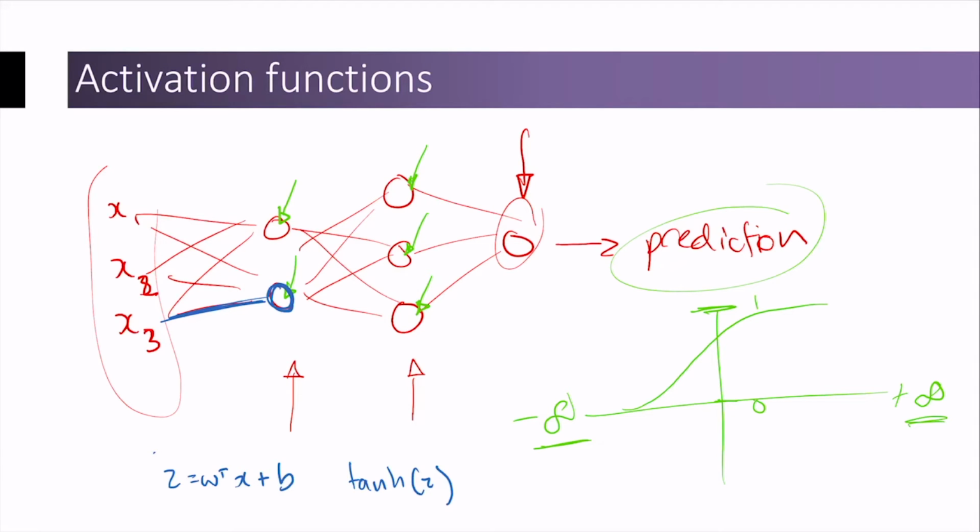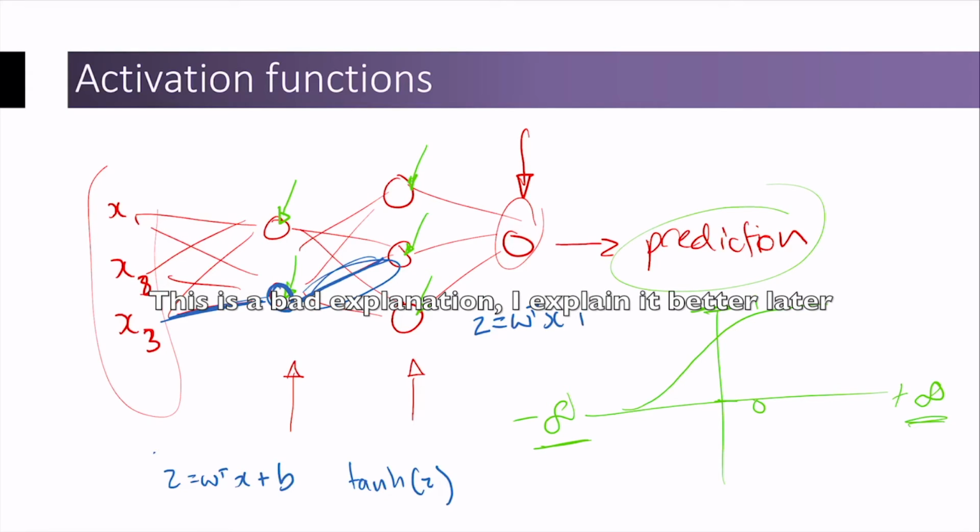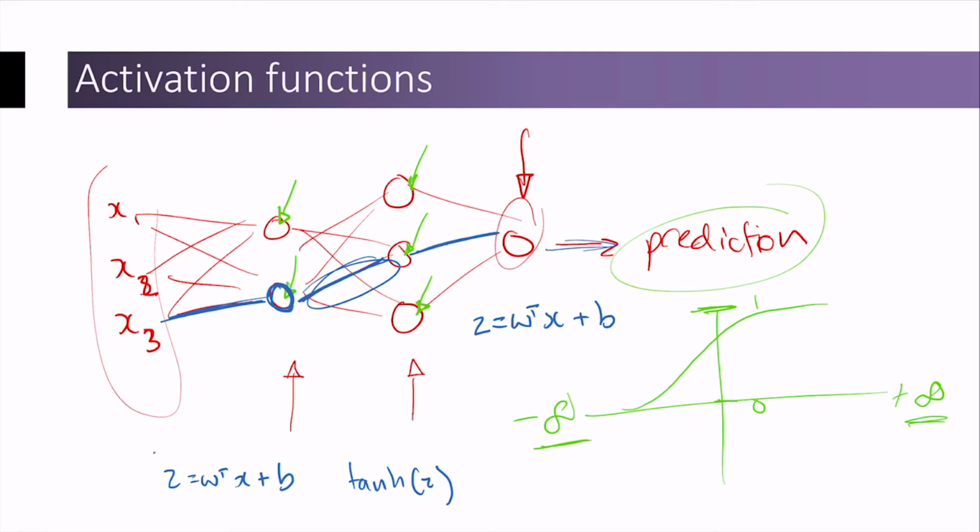Then you send the output of that neuron off as an input to the next neuron, and that neuron, instead of using x to calculate its z, uses the value predicted here as its x, plus b. So it calculates that, and so on, until you get a prediction.